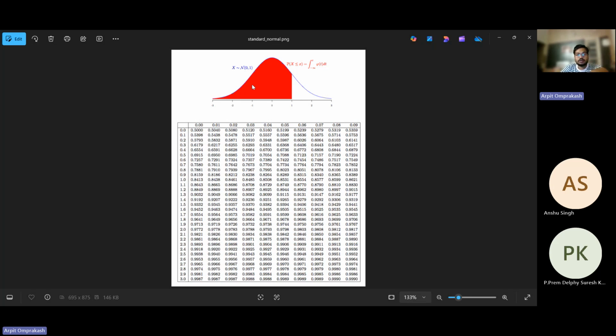So if the white side on the right hand side, the extreme part, is 0.5%, then this part will be 99.5% or 0.995. So we'll look for values which have 0.995.